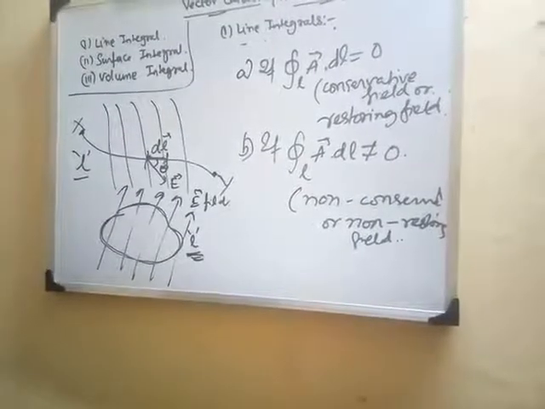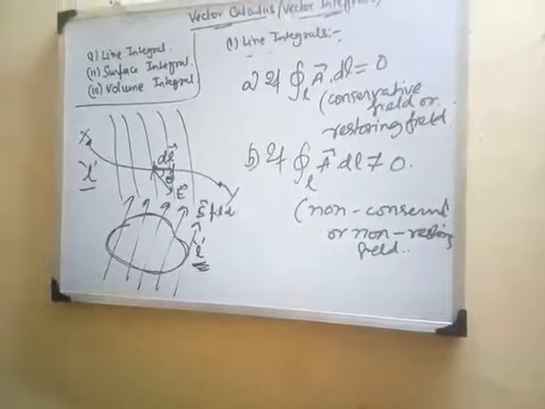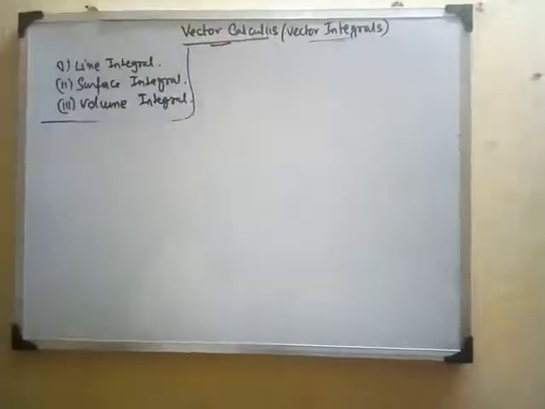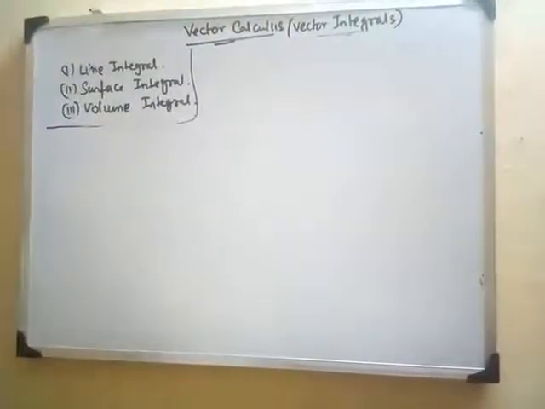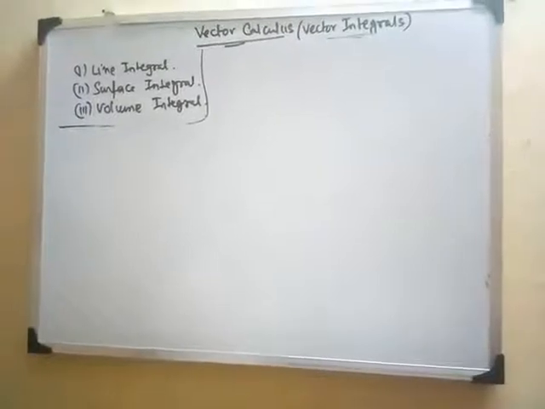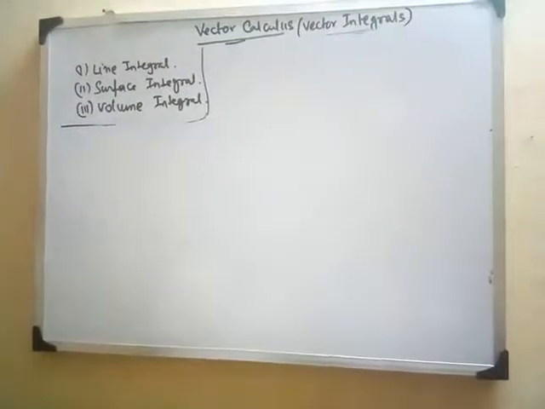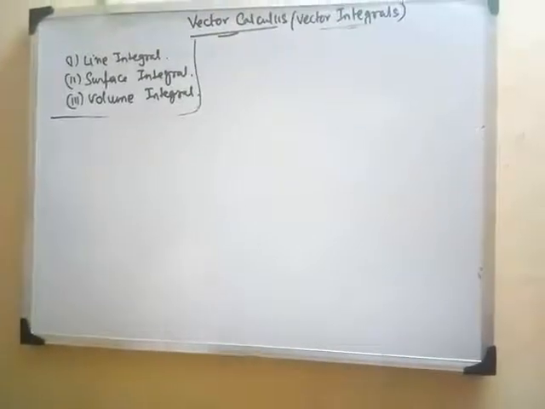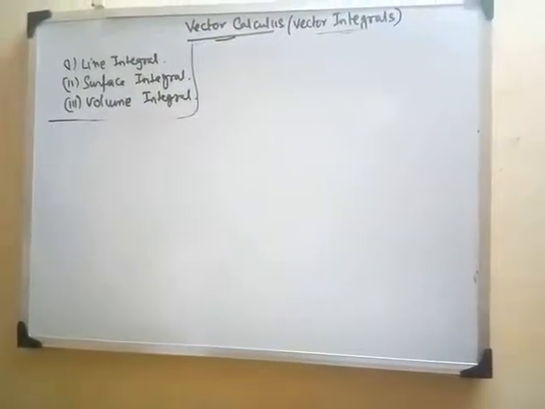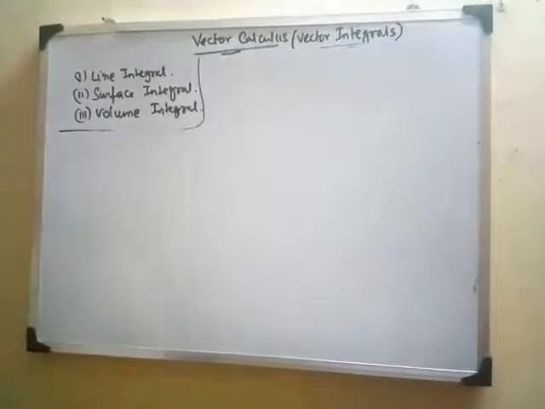Next we will come to our discussion related to surface integral. So far, among these two vector integrals, we have discussed the line integral. Now we are going to discuss the surface integral, how we will represent a surface integral in any coordinate system.